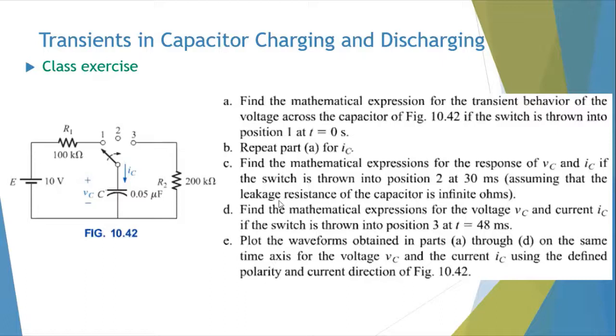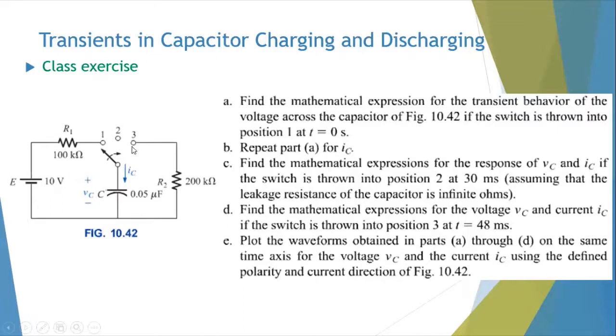Now, next one is saying find the mathematical expressions for the voltage VC and IC if the switch is thrown into position 3 at time 48 milliseconds. So what happens here: at time t0, you put it in position 1, allowed to charge for 30 milliseconds, so it's fully charged. You keep your switch in position 2 for 18 milliseconds, so 30 plus 18 is 48 milliseconds, then you put it on position 3.